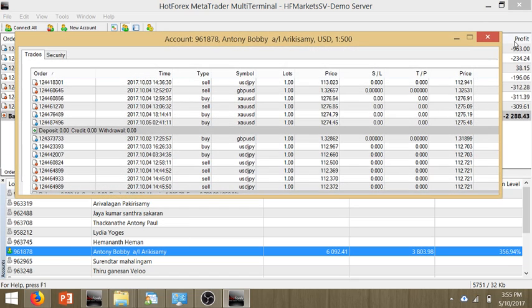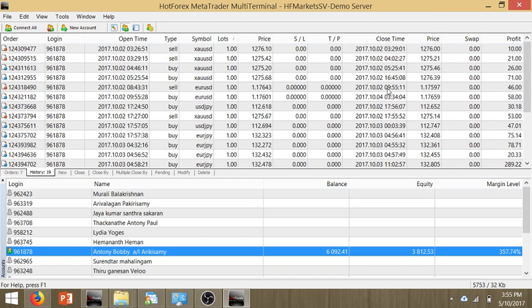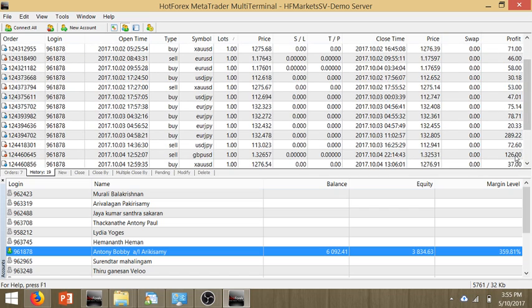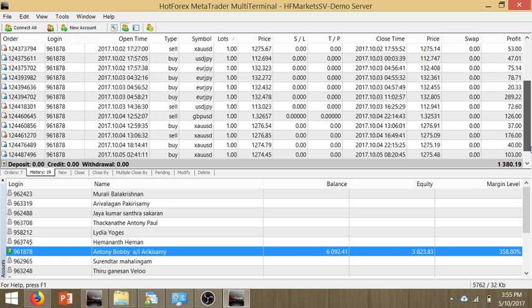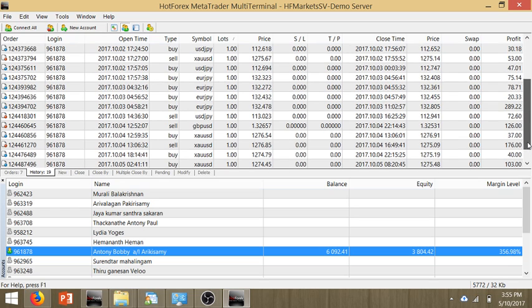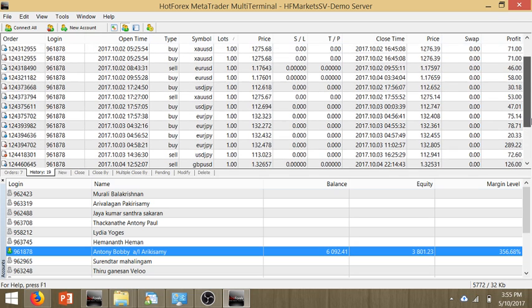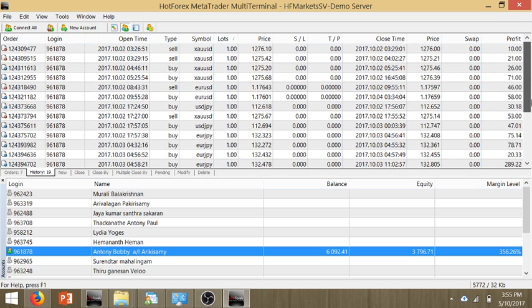When you look at the history of his trades, all the profits are below 100 USD. Although four trades exceeded 100 USD, the rest are all below 100 USD, and some of the profits are even cut before they reach 50 USD.